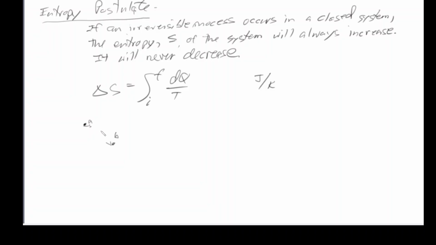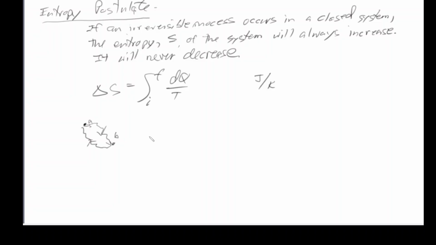So if we look at a reversible process that goes like this and back like this, and you take any reversible process that's isothermal, we can find the entropy of the system.